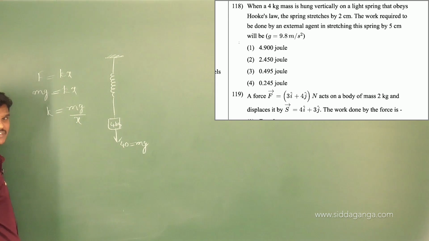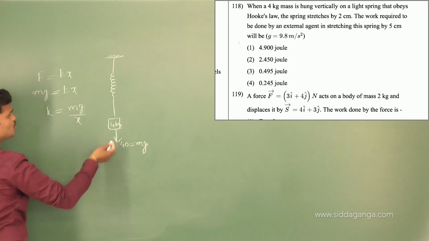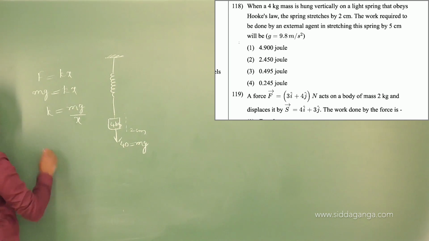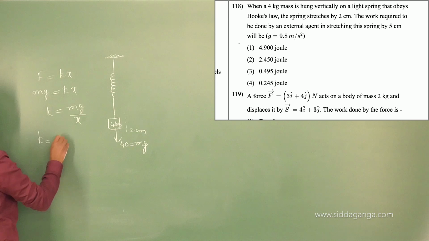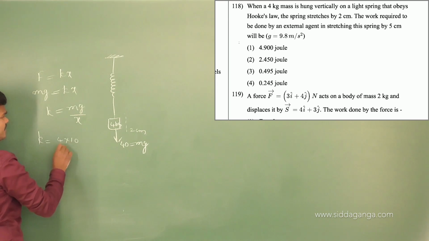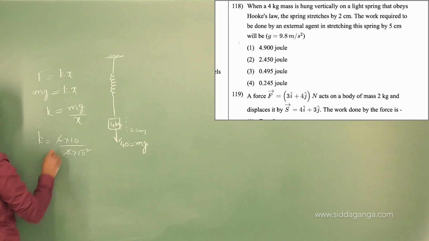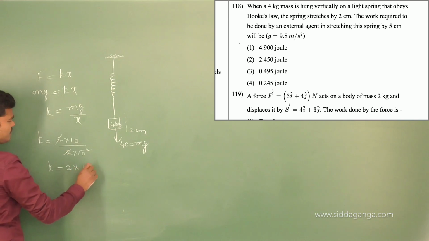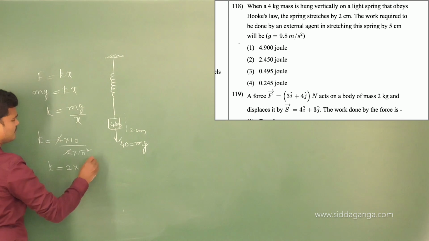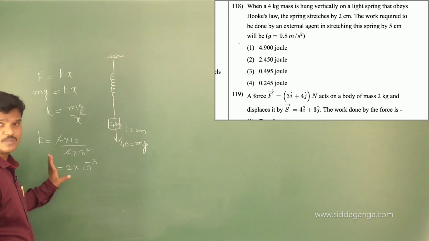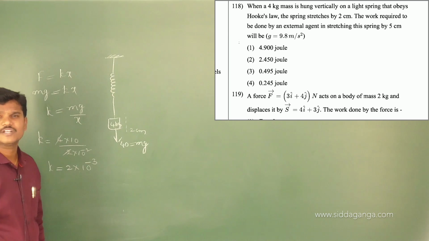When 4 kg is hung, the spring stretches by how much? 2 centimeter. K is equal to, what is m? 4. g take 10. x 2 centimeter. So k is equal to 2 into 10 raised to minus 3. See, I got the k value.